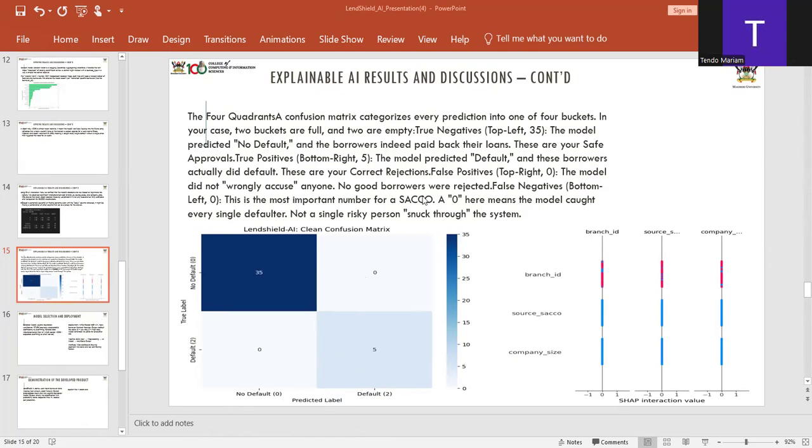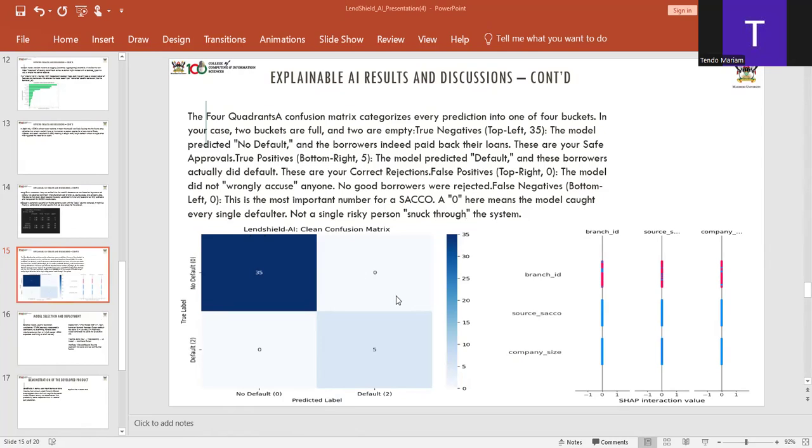No good borrowers were rejected. And then the false negatives, the zeros in diagonal form, are the most important number for the circle, because the 0 means the model caught every single defaulter, not a single risky person snuck through the system.